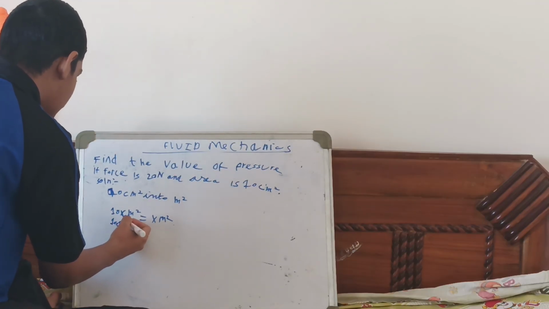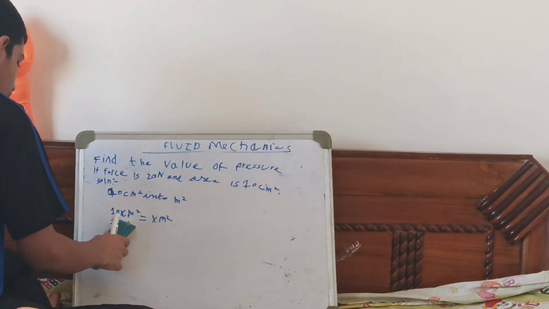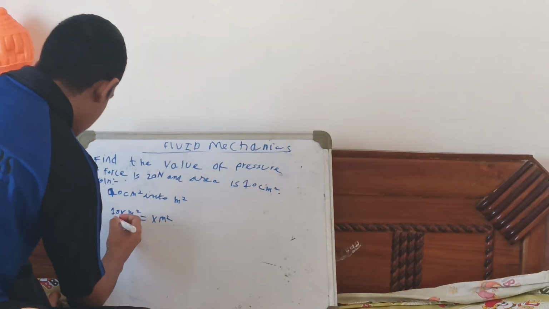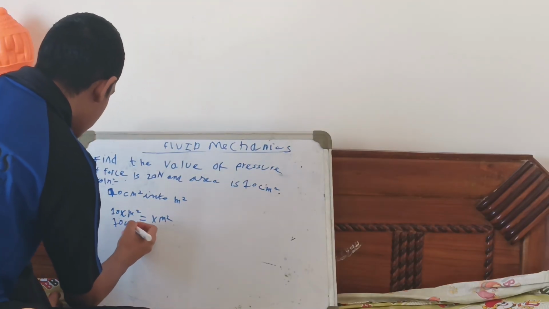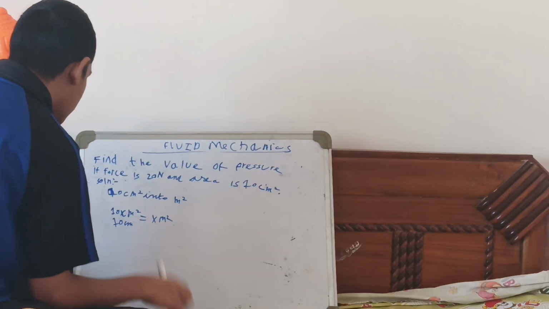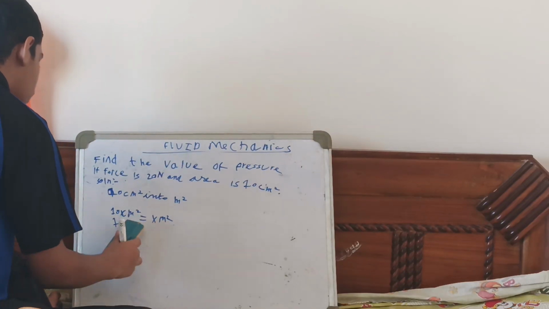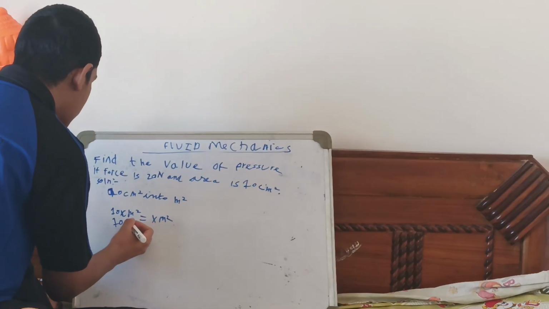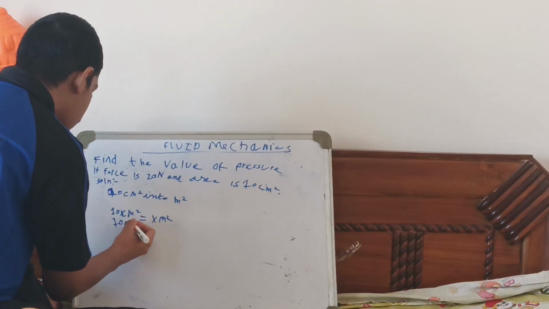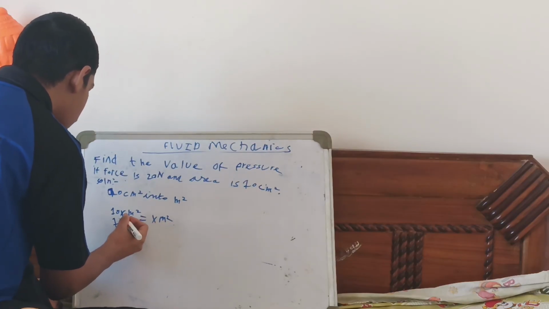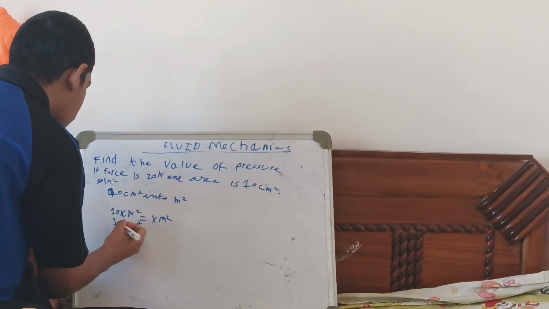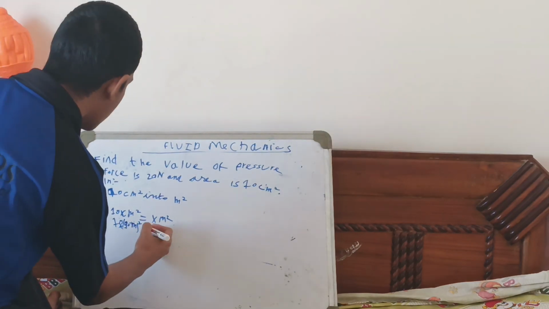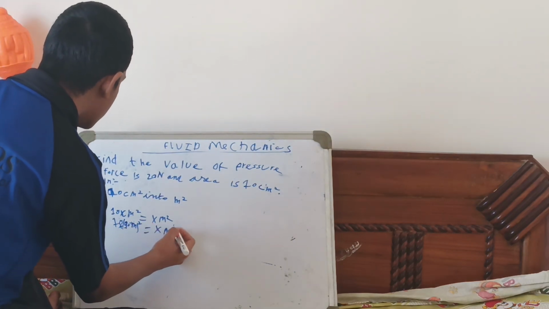So we will multiply 10 power minus 2 into meter square, so it will be x meter square.